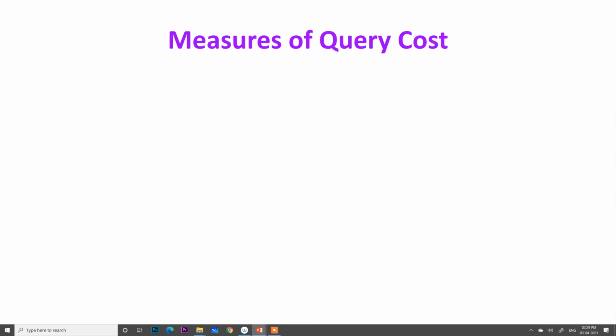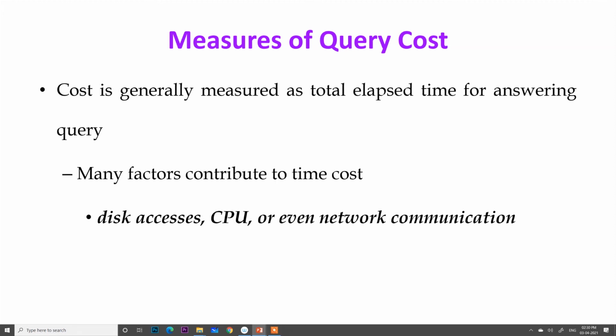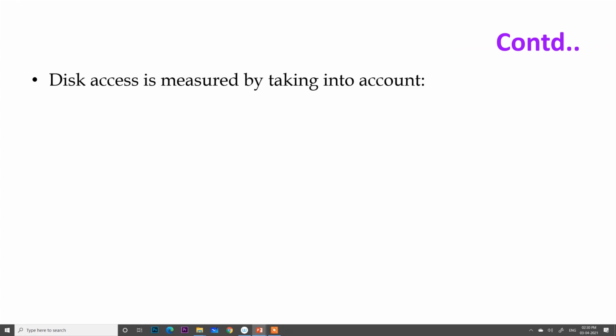Here, how do we measure the query cost? Cost is generally measured as the total elapsed time for answering the query. Many factors contribute to the time cost, like disk access, CPU, or even network communication. Typically disk access is the predominant cost, which is also relatively easy to estimate.